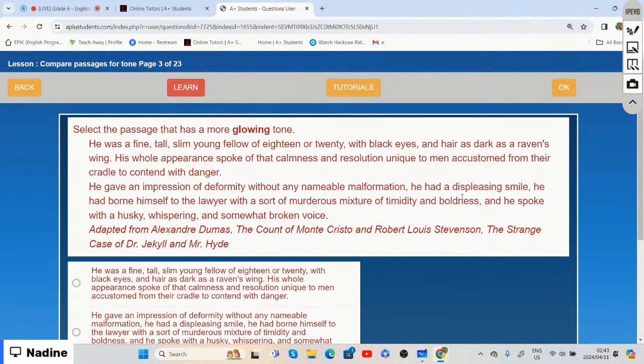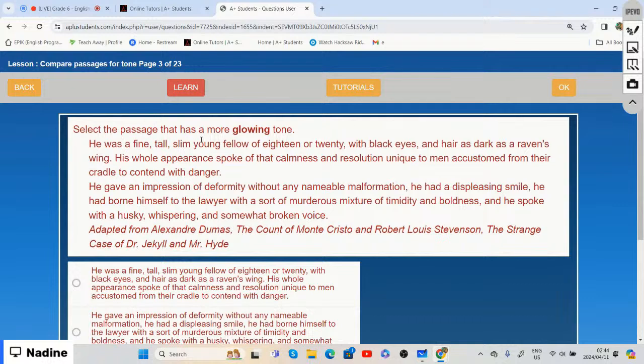His whole appearance spoke of that calmness and resolution unique to men accustomed from the cradle to contend with danger.